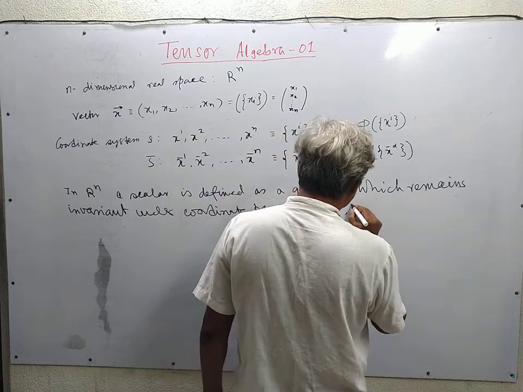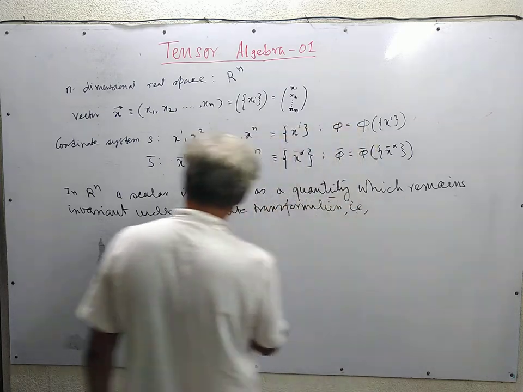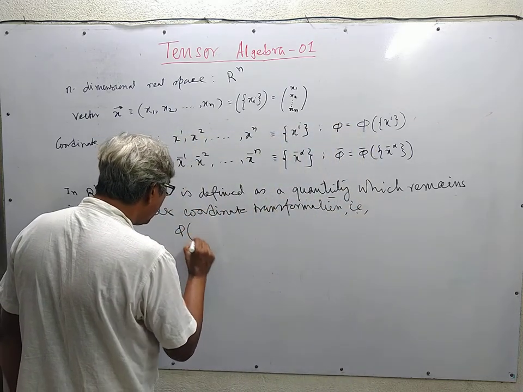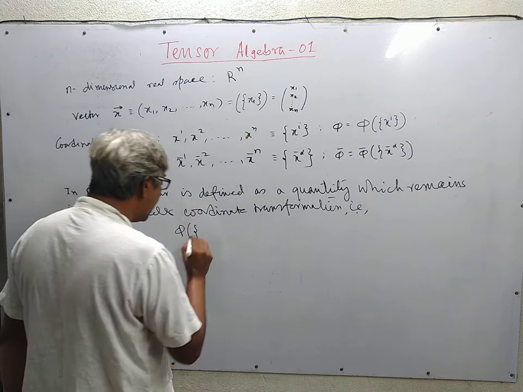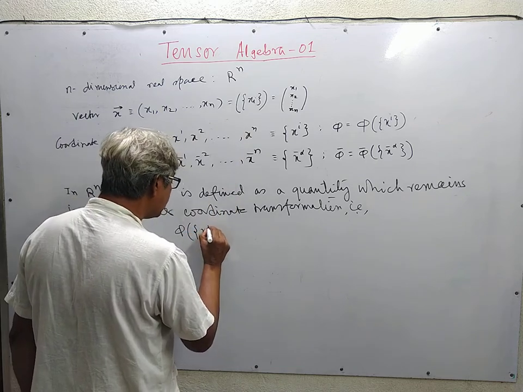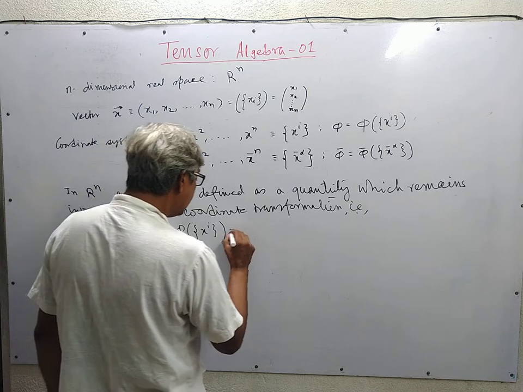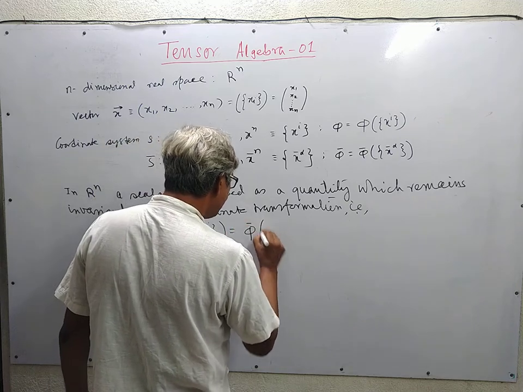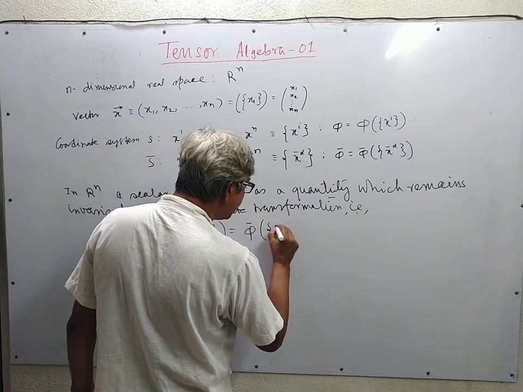That is, if phi is a scalar, then phi bar must be equal to phi.